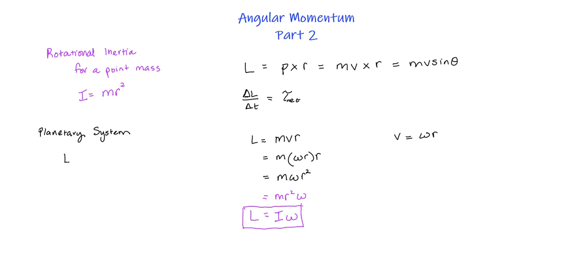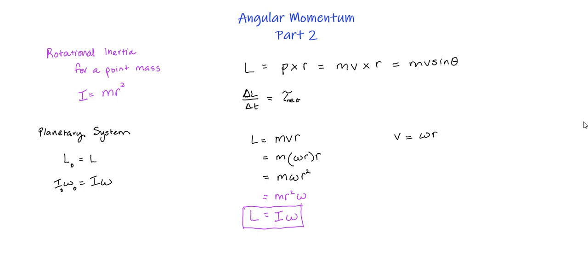We can say that the initial momentum is equal to the momentum at any other time. That means that we have something that looks like this, where we have the initial moment of inertia times the initial angular velocity equals the same values at any other time.